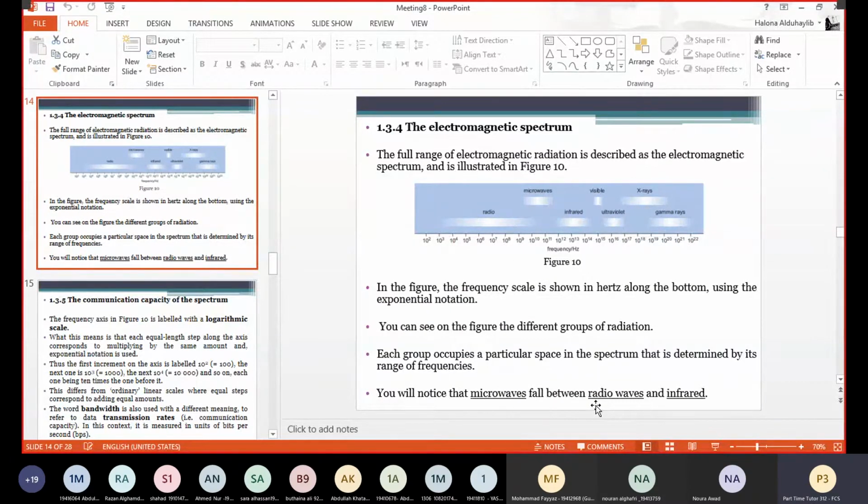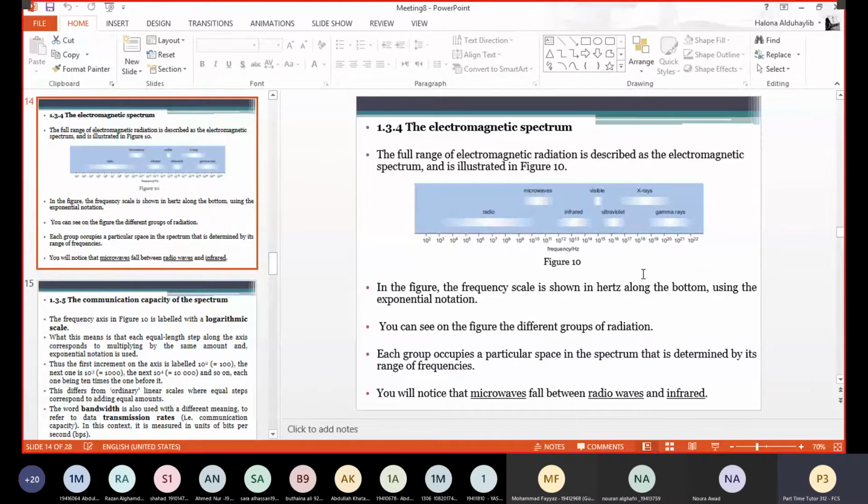The full range of electromagnetic radiation is described as the electromagnetic spectrum, and illustrated in figure 10. So we have different parts of the spectrum. We have microwave radiation, radio waves, infrared waves, ultraviolet waves, visible light, X-rays, and gamma rays.